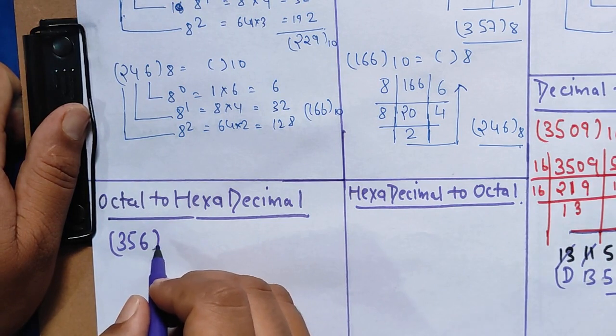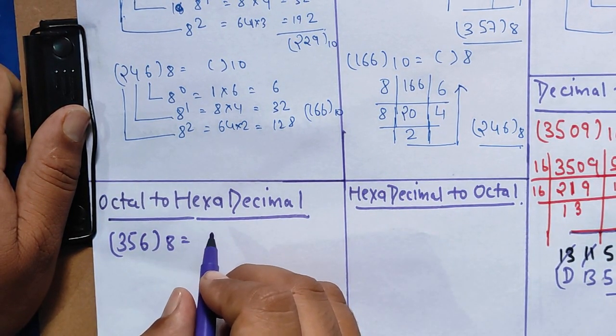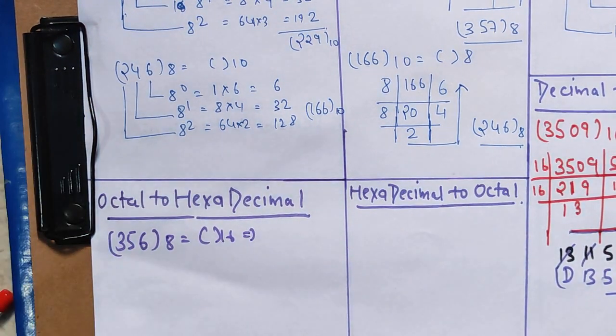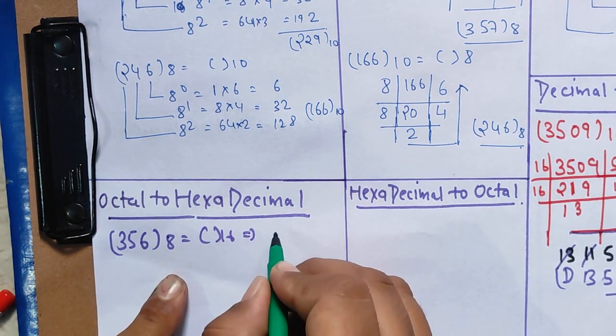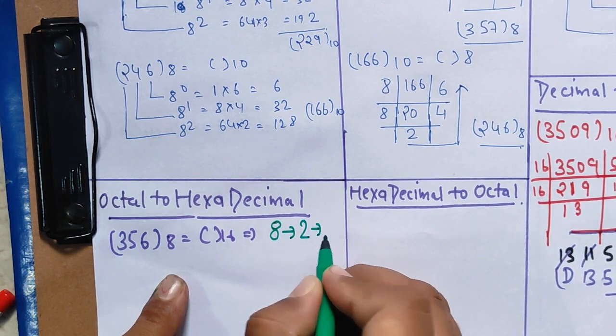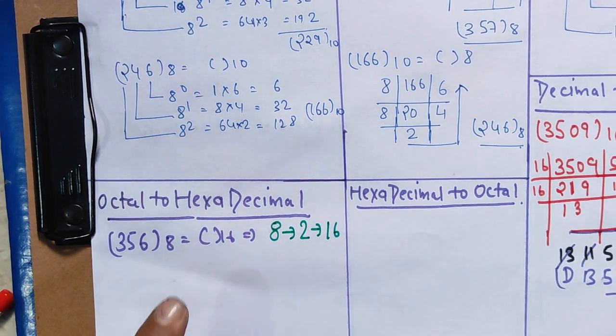This is the octal and I have to convert it into hexadecimal. So here what will I do? Students, please listen carefully. I will convert octal to binary and then I will convert that binary into hexadecimal.